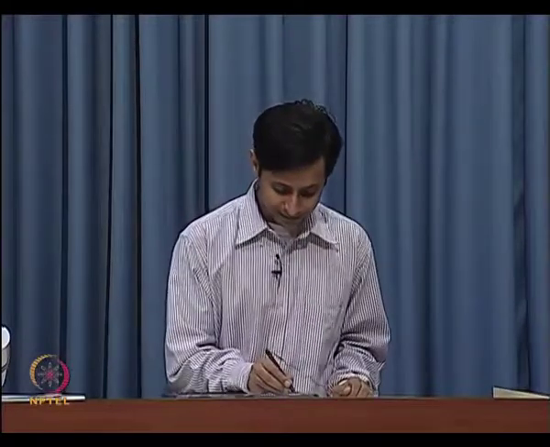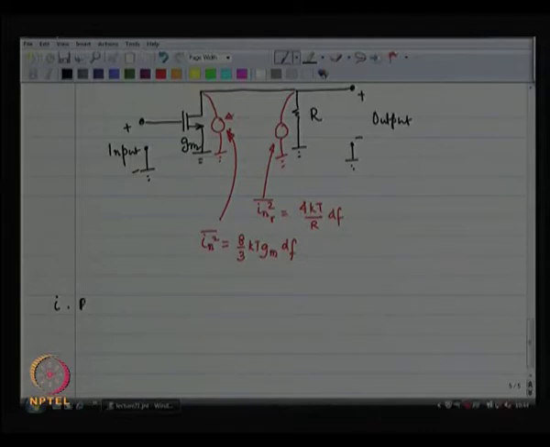The impedance at that node is R parallel RDS. So, I times R parallel RDS is going to be my voltage. Now, I am not dealing with a current, I am dealing with a mean squared current. So, the mean squared voltage is so much.